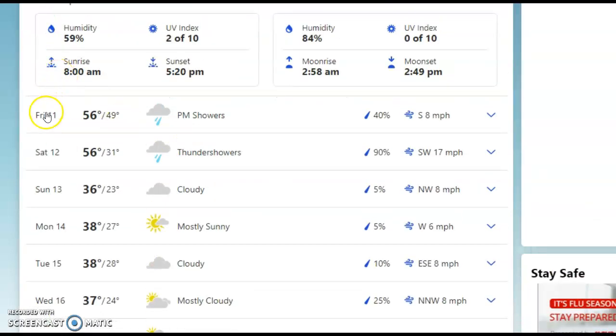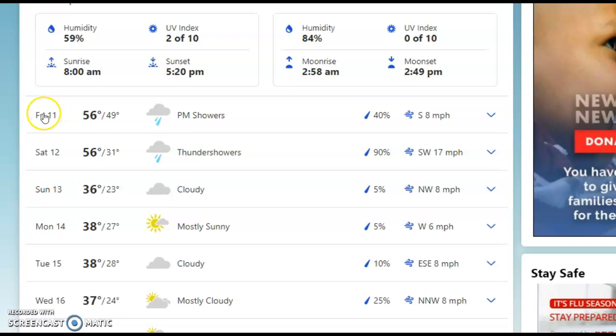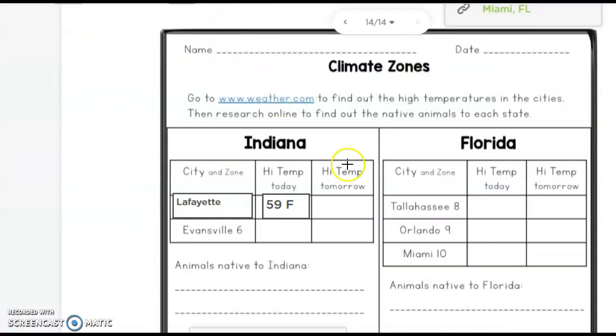Today is, for me, December 10th. Tomorrow would be December 11th. So I could look right here, and it, again, gives us our high and our low. High, 56, and our low, 49. So I'll go back to my class page, write the high temperature for tomorrow, 56. I'm going to write an F for Fahrenheit.